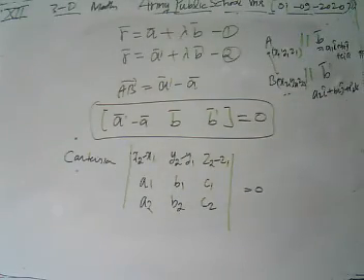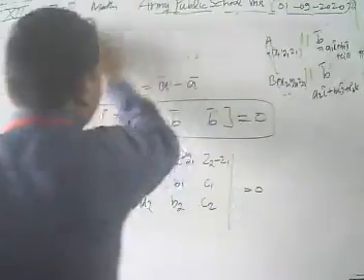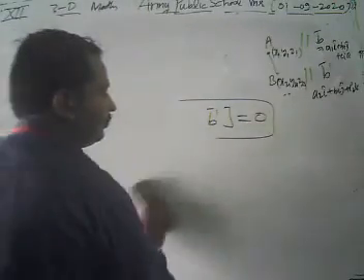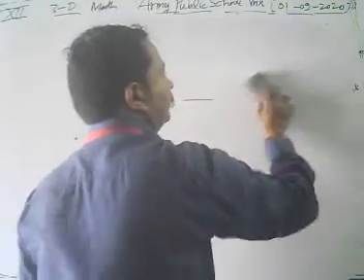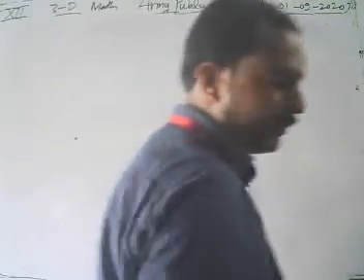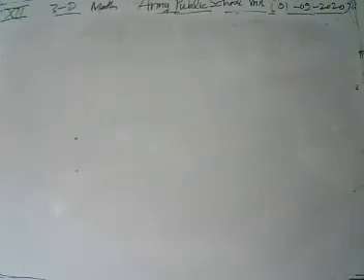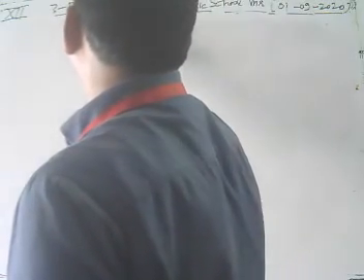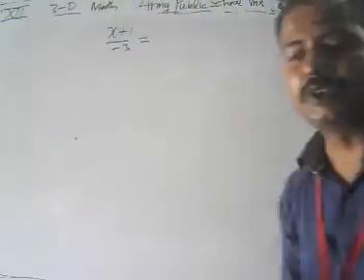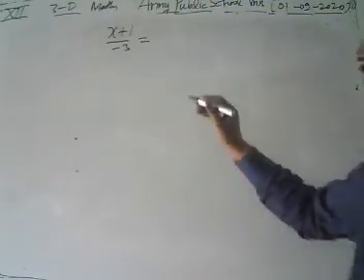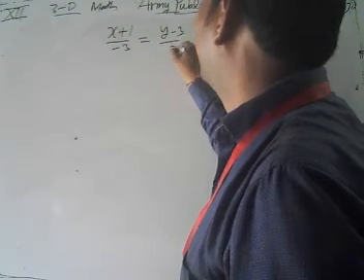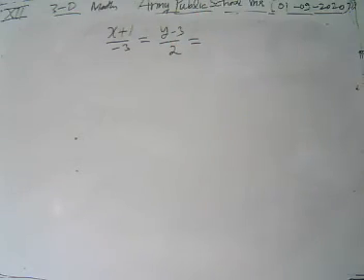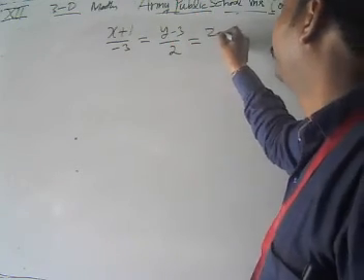Just suppose we are going to take an example for our concept. Suppose we are given two lines in Cartesian form. The first line is (x plus 1) upon minus 3, equals (y minus 3) upon 2, equals (z plus 2) upon 1.